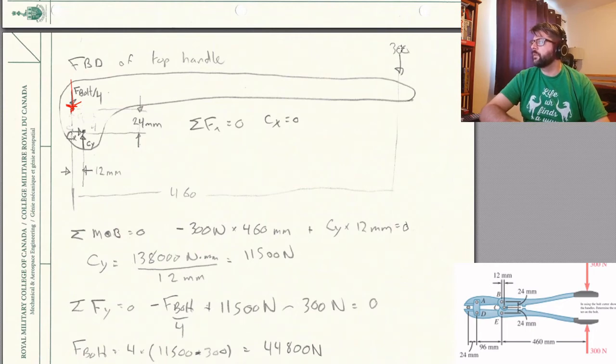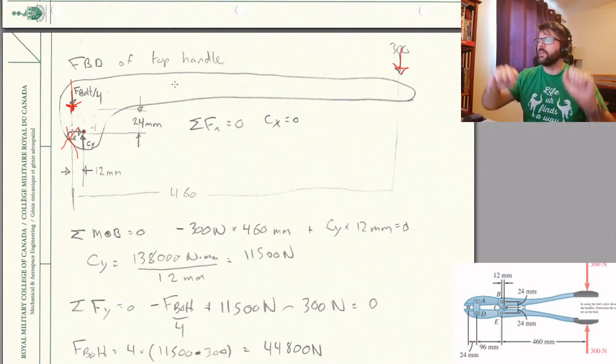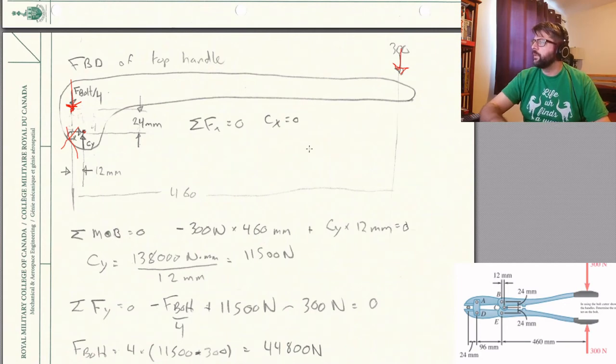So we got the load, the squeezing force applied, and we got our reaction here at this pin C. So again, relatively easily we can toss out Cx there because the sum of the forces in the x direction is 0. Cx is the only thing that would be acting in the x direction, so it is 0 as well. No Cx. We do have the Cy, however.